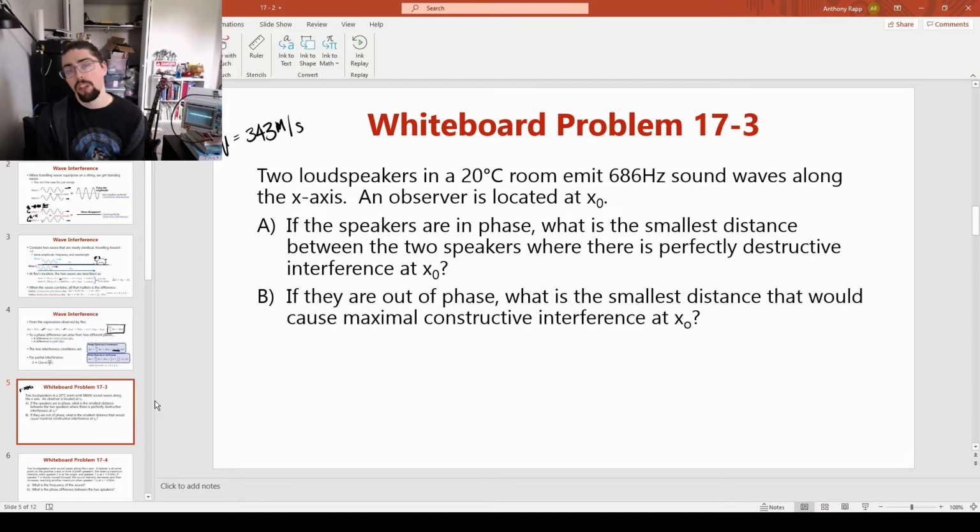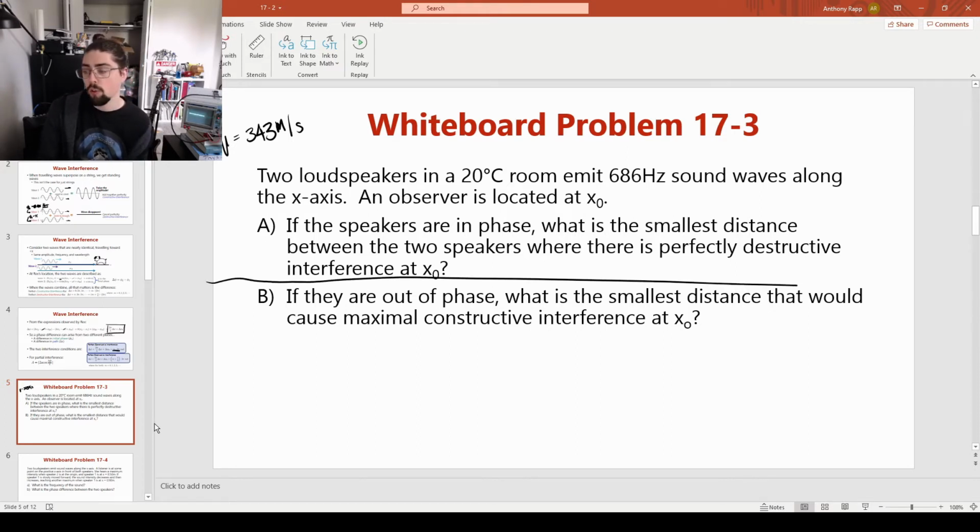There's a frequency of 686 hertz. Sound waves are moving along the x-axis. Somebody is listening at x naught. If the speakers are in phase, we've got these 2 separate conditions, right? So draw a split between these 2. It is not a part A, then part B. These are 2 separate columns. Keep them apart.